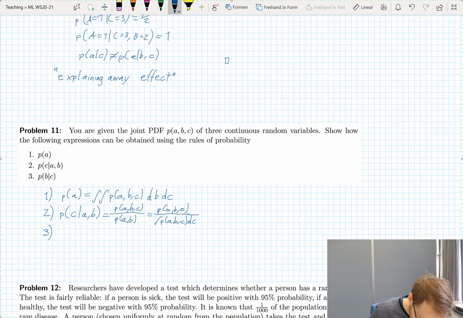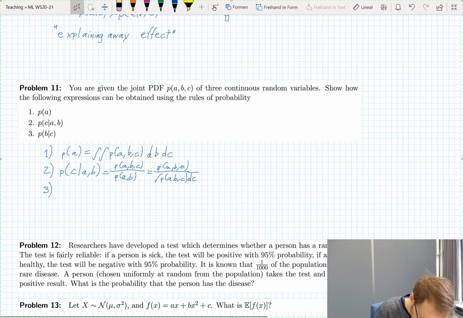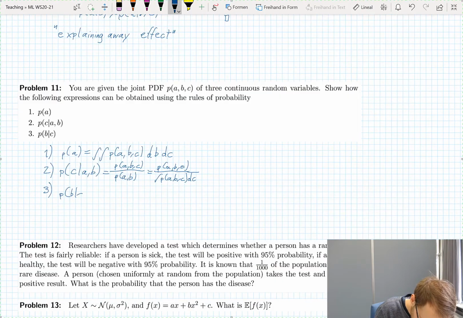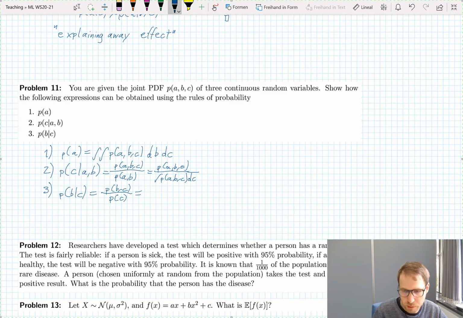3. P of B given C. Again, this is just a combination of stuff. So first off, we say, okay, this is P of B and C divided by P of C. Just again the product rule, and now we again marginalize out. So these are just different combinations of the product and the sum rule.